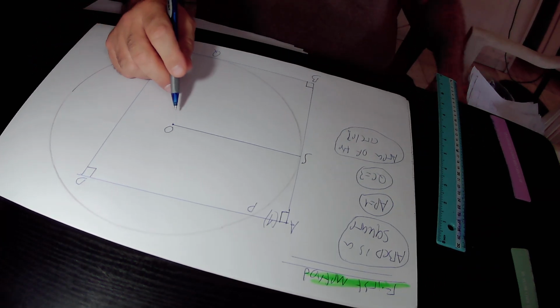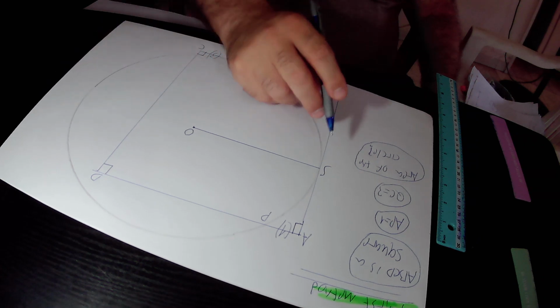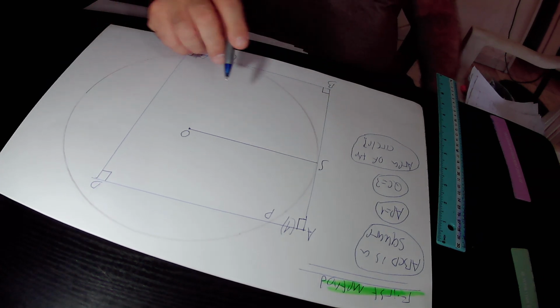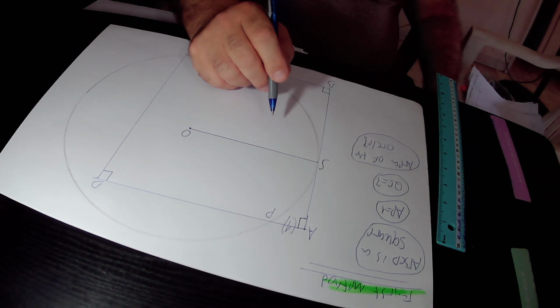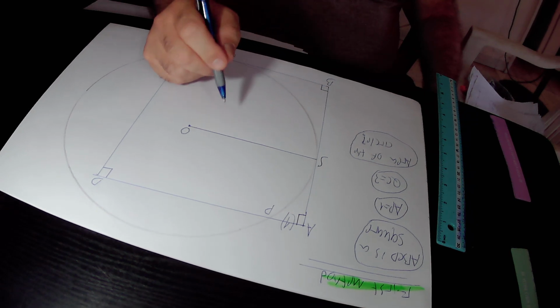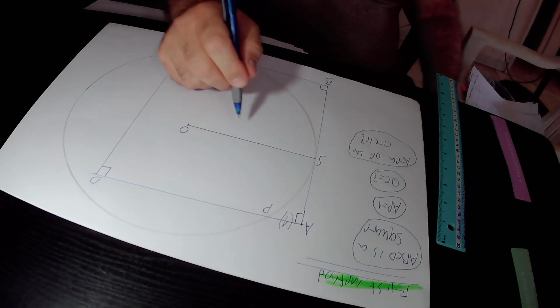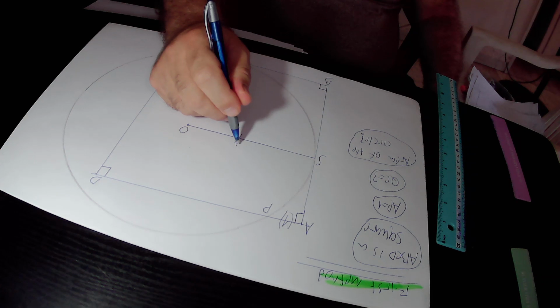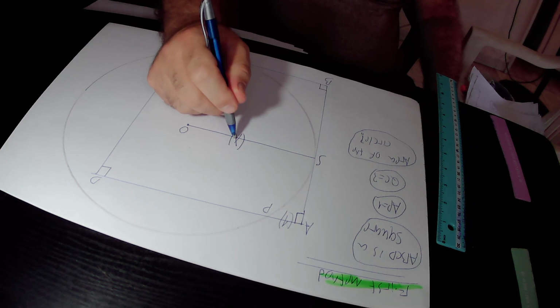Point O is the center of the circle, point S is a point on the circle itself, therefore OS is the radius of this circle. So we define the radius of this circle as x. So OS equals x, according to our definition.